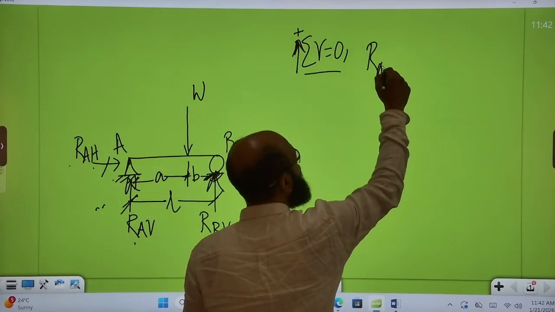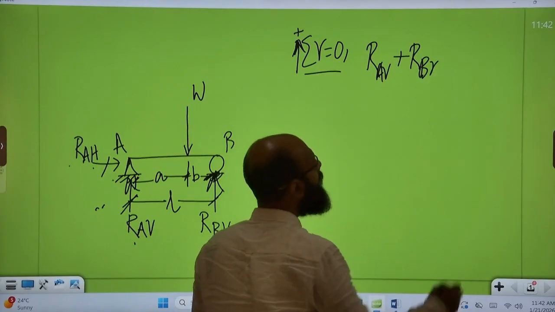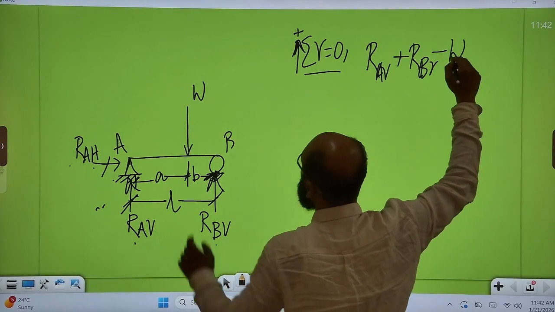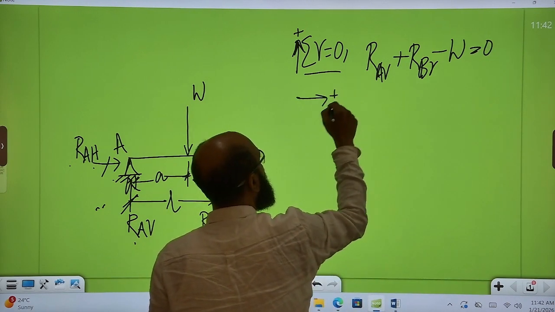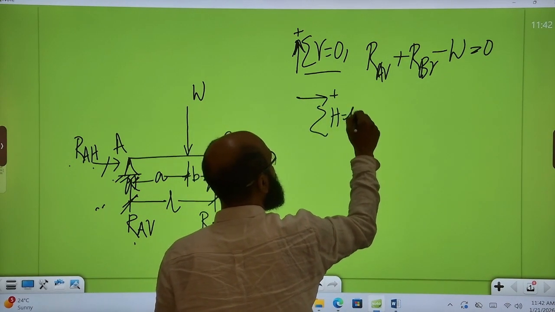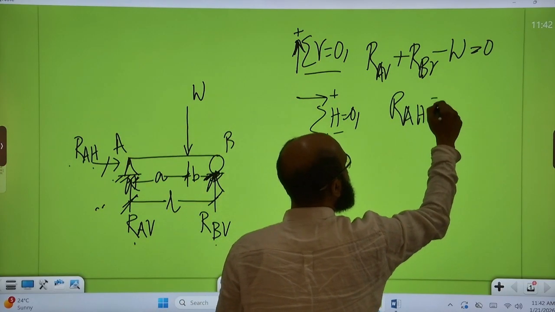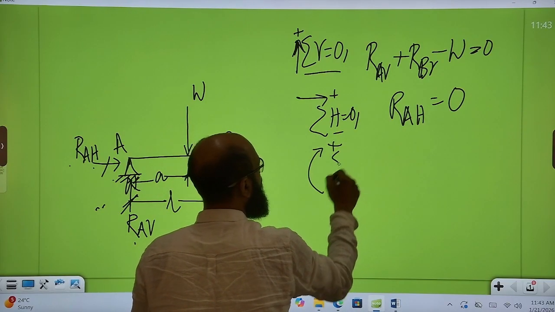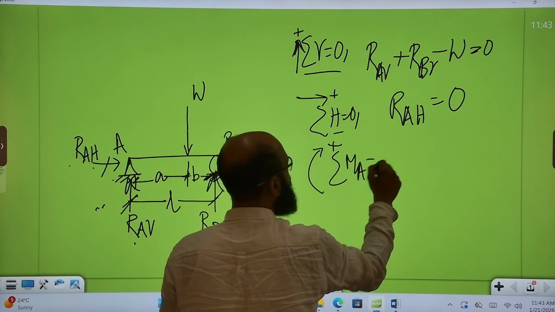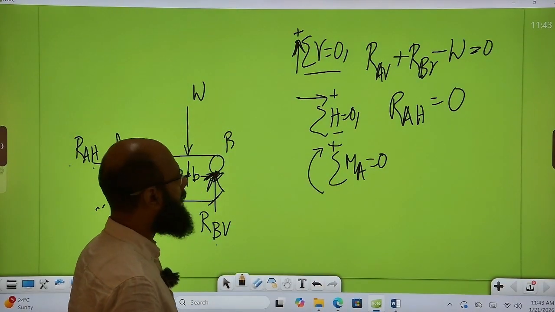So RAV plus RBV minus W, since W is acting downward, equal to 0. Then summation of all horizontal forces equal to 0. So RAH equal to 0.